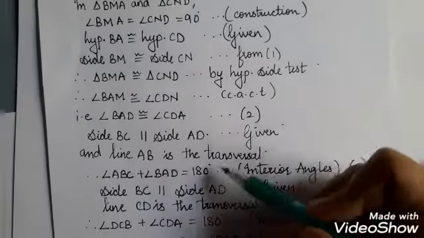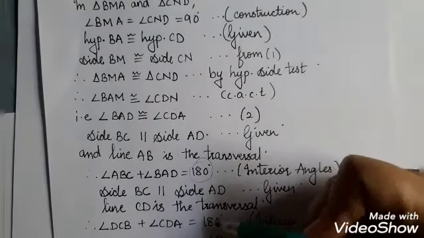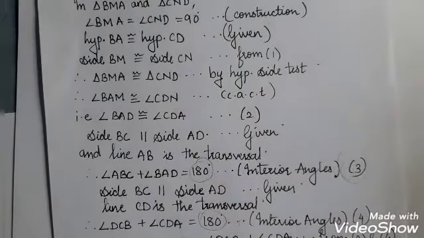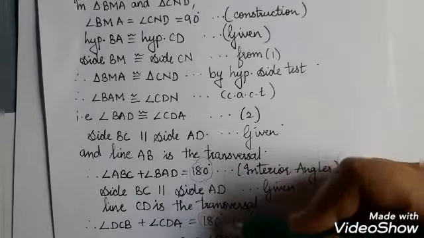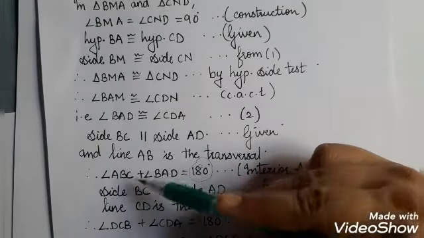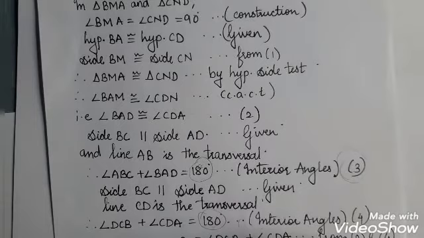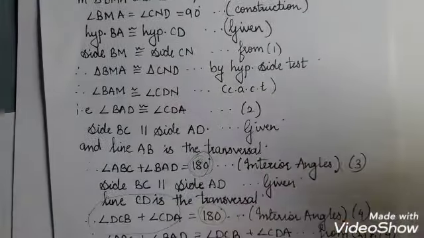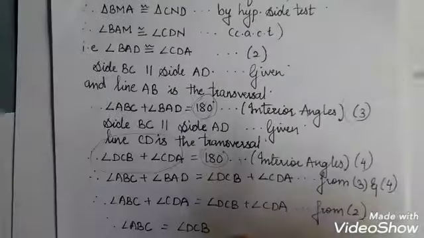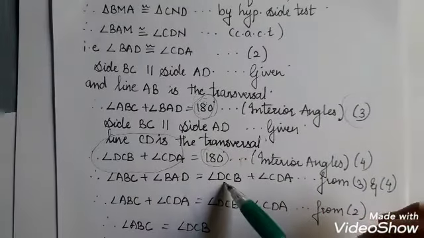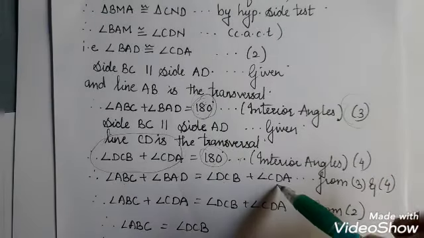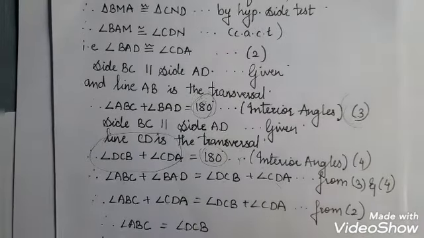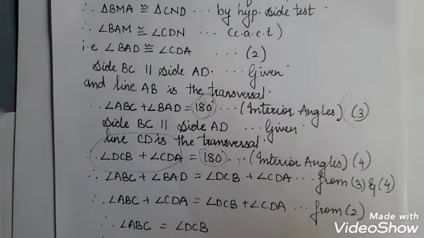Now the third equation is 180 and the fourth equation is also 180. That means these two are equal to 180. That means I can write angle ABC plus angle BAD is equal to, in place of 180 I can substitute, angle DCB plus angle CDA, because both are 180 degrees.